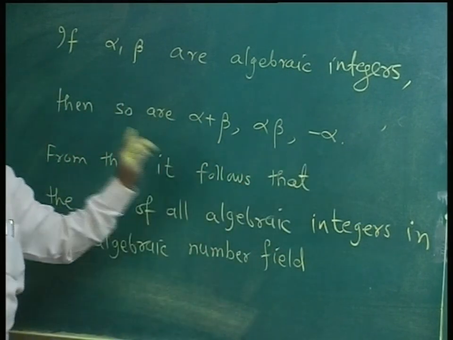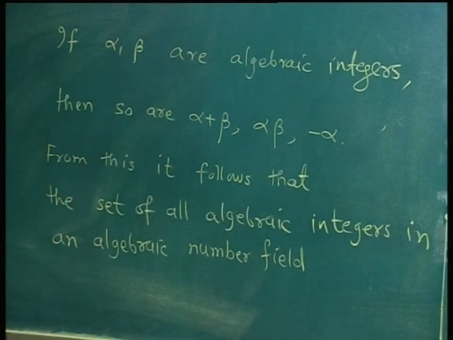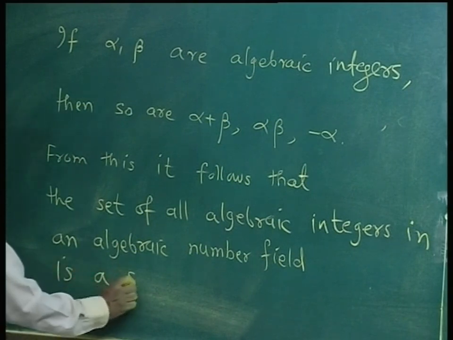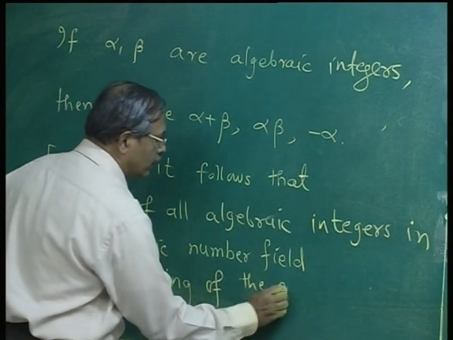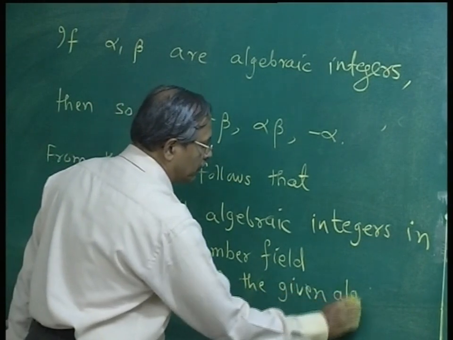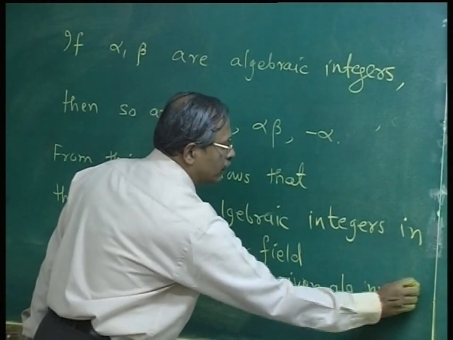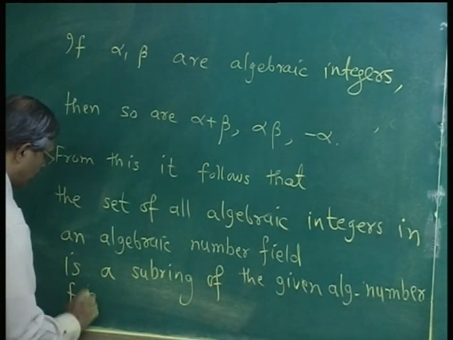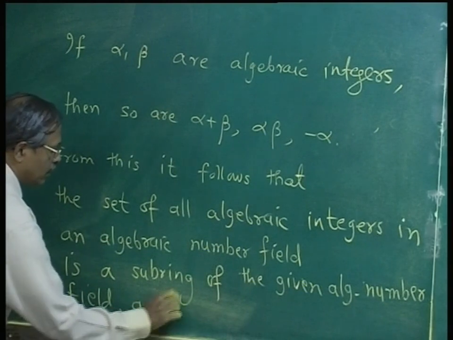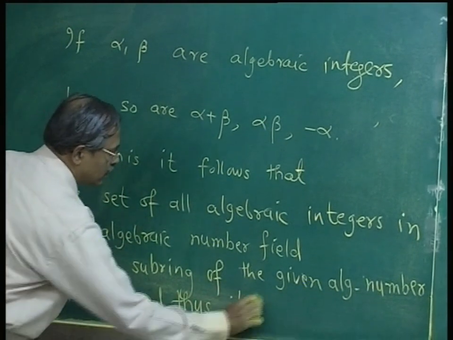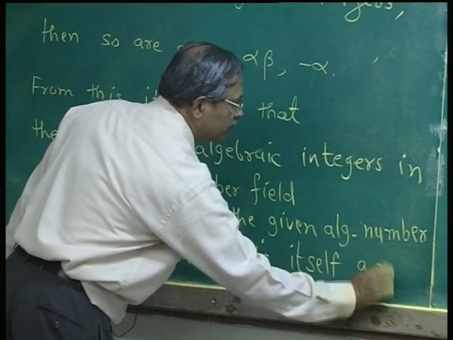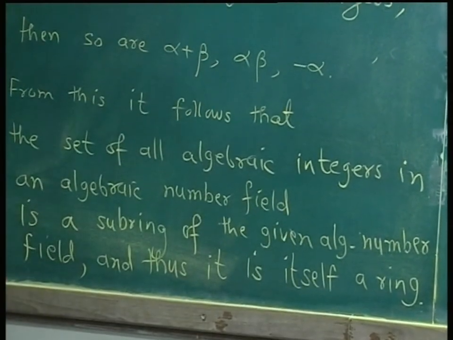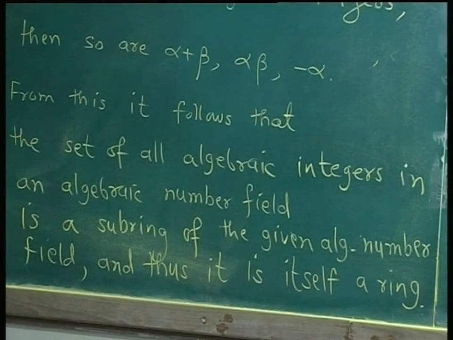That means this subset is a subring of that algebraic number field, itself a ring. The set of all algebraic integers is a ring.